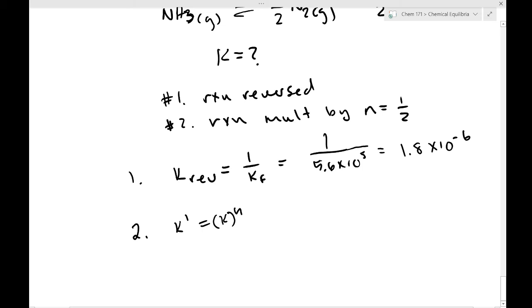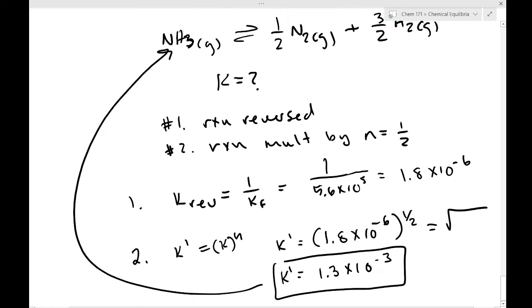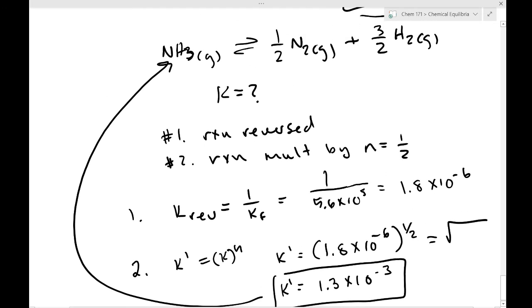So K prime is equal to 1.8 times 10 to the negative 6 raised to the 1/2 value. When you raise something to the 1/2, it's equal to the square root of that thing. So K prime equals 1.3 times 10 to the minus 3. This is the new equilibrium constant for this particular chemical reaction.